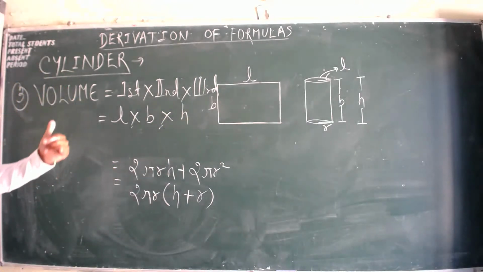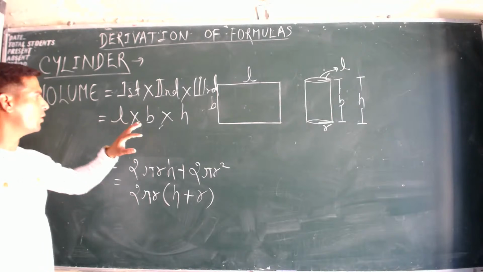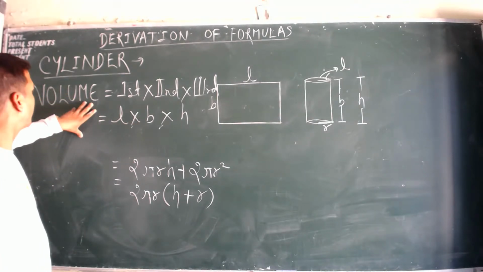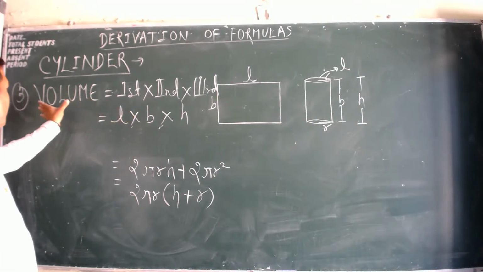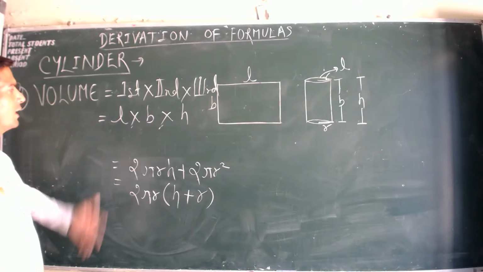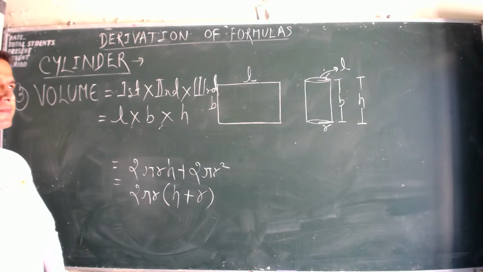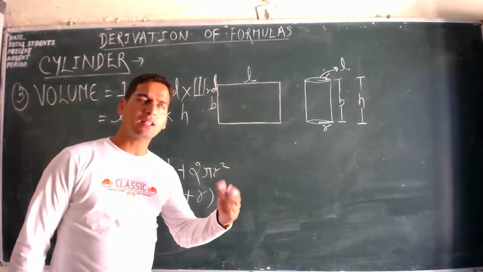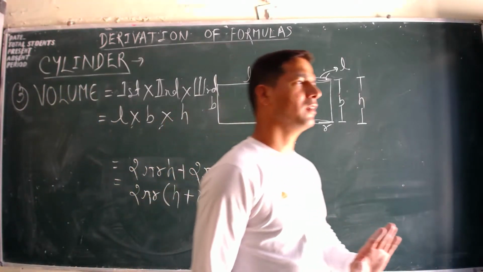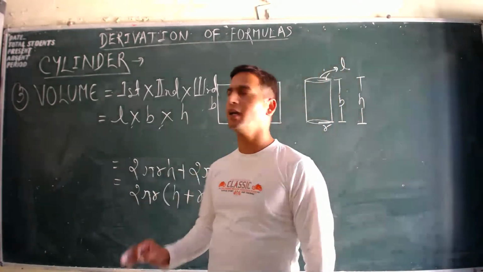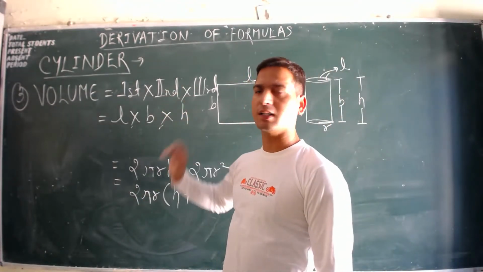Here, I am not taking the cylinder specifically. I have taken the formula of volume in general, for a figure, whether it has sides or not. For finding the volume, the basic formula is first side into second side into third side.